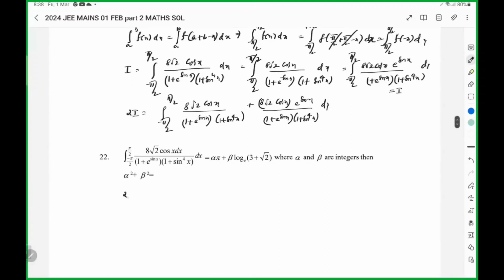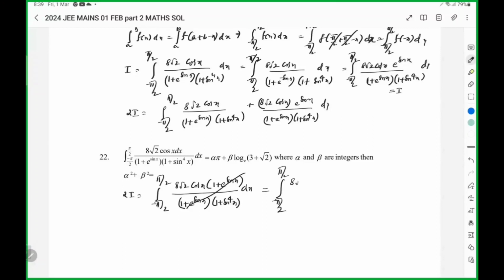So minus pi by 2 to pi by 2, cos x if you take common, 1 plus sin power 4x dx, which is 8 root 2 cos x by 1 plus sin power 4x dx.